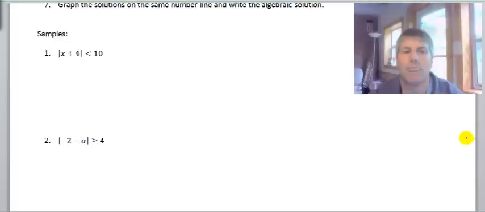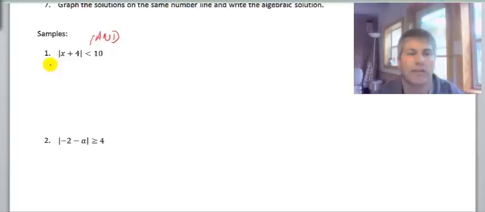The first one, the absolute value of x plus 4 is less than 10. First thing we do is strip everything away from the absolute value bars. That's done. It's less than, so we know this is an AND problem.